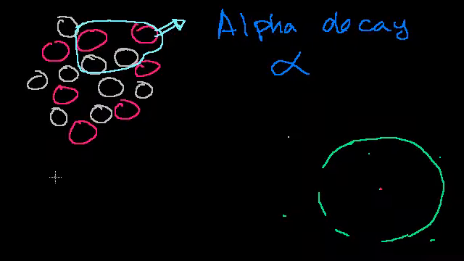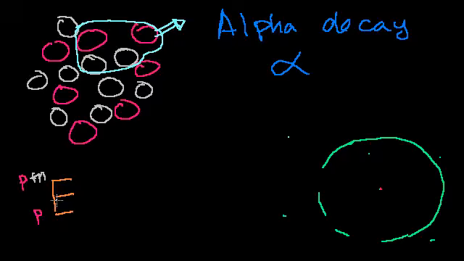So let's just say I have some random element. I'll just call it element E. Let's say it has p protons. Actually, let me do it in the color of my protons. It has p protons, and its atomic mass number is the number of protons plus the number of neutrons. I did the neutrons in gray.